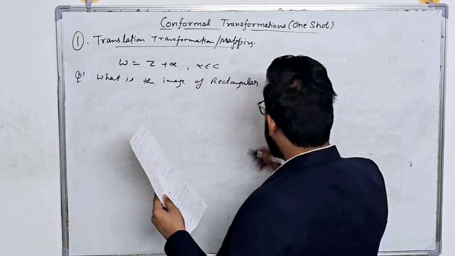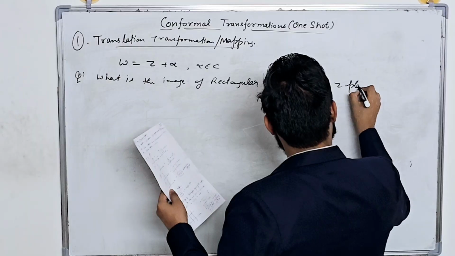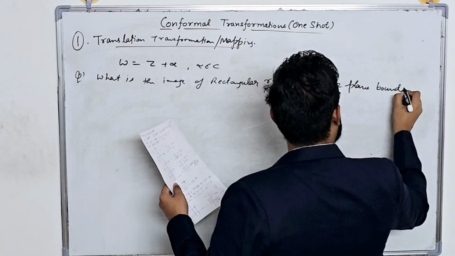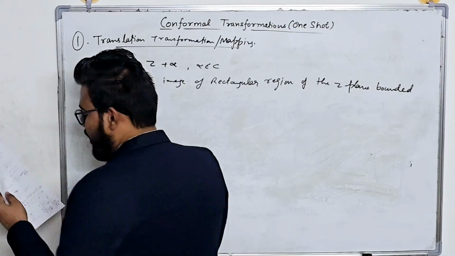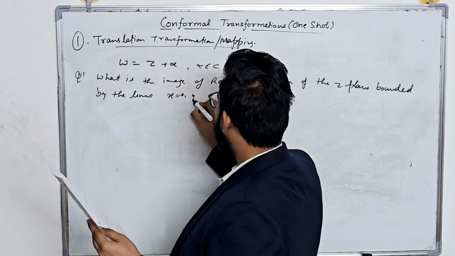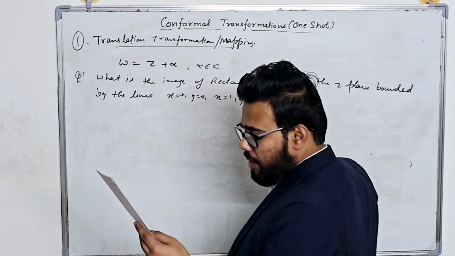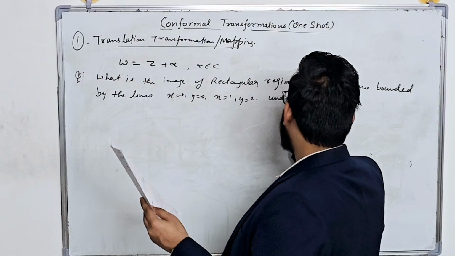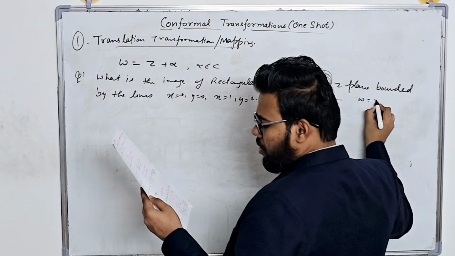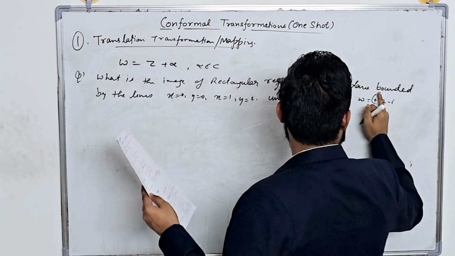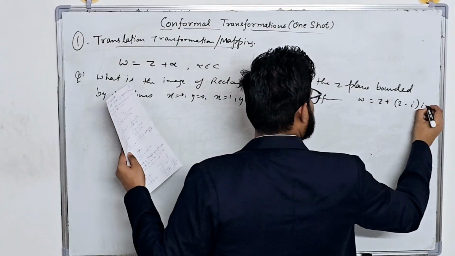What is the image of the rectangular region of the z plane bounded by the lines x = 0, y = 0, x = 1 and y = 2, under the transformation w = z + 2 - i in the w plane?